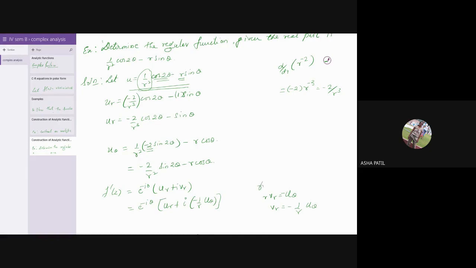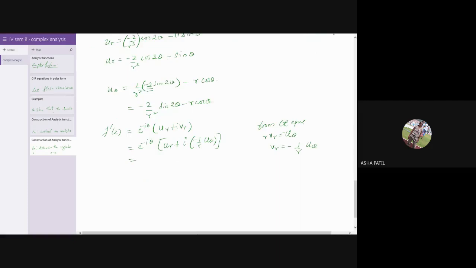From CR equations, this becomes e raised to minus i theta into ur minus i by r u theta.